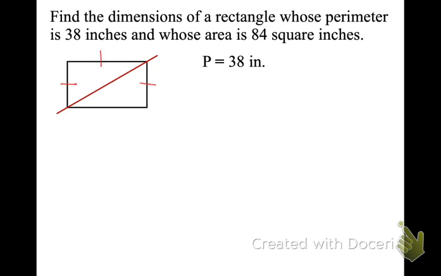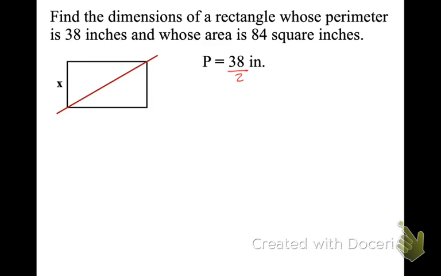We know that if the whole rectangle, the perimeter, is side plus side plus side plus side, and the whole thing equals 38, then half of it, just the two sides, has to be half of 38, right?